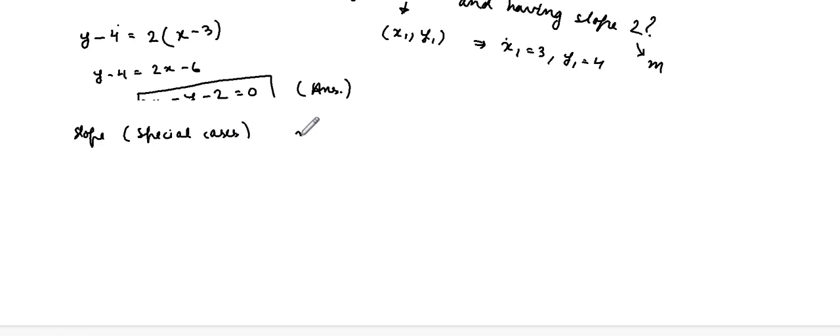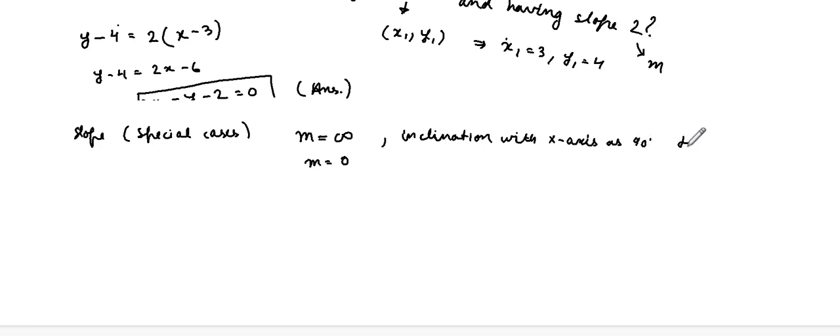So whenever you get slope is equal to infinity or m is equal to 0, right? You have to take the inclination or angle alpha, inclination with x-axis, as 90 degrees, because we all know that tan 90 is equal to infinity.